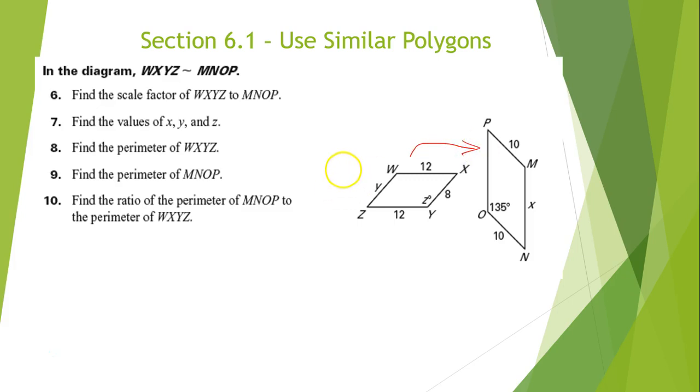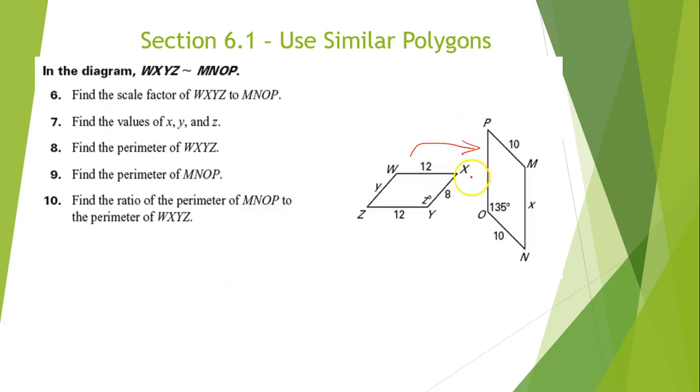So your scale factor on this one is going to be something greater than 1. Anytime it shrinks, it's less than 1, a fraction between 0 and 1. Okay, so let's find the scale factor.